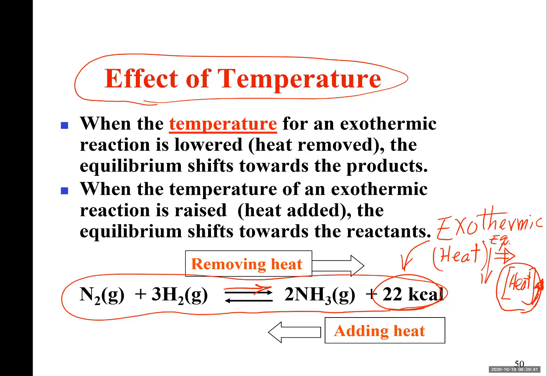So if I place the reaction mixture in ice water, equilibrium is going to shift to right. That means the reaction goes forward. You get more ammonia, more NH3, if you cool down the mixture, if you reduce the temperature.